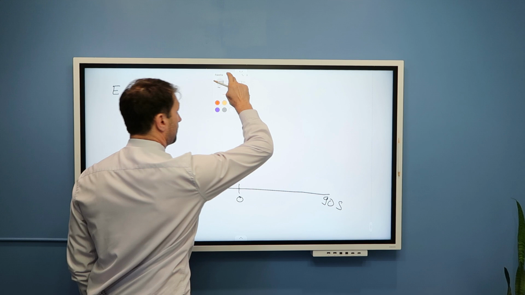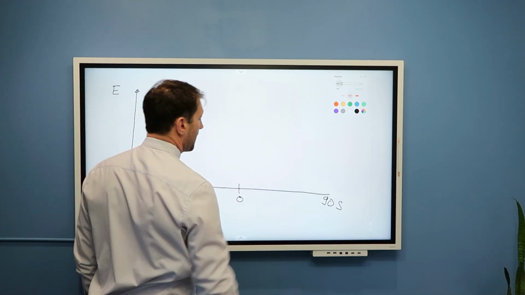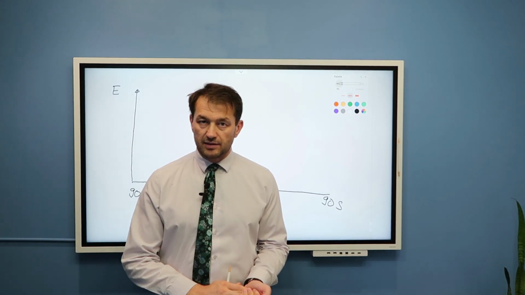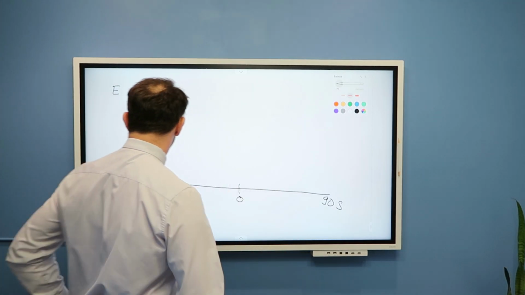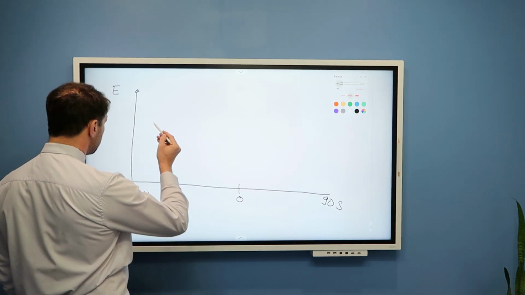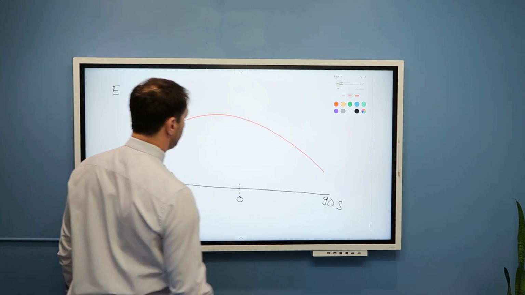With red, I will indicate the amount of energy that the Earth receives from the sun on an annual average basis. So let us qualitatively indicate that like so.